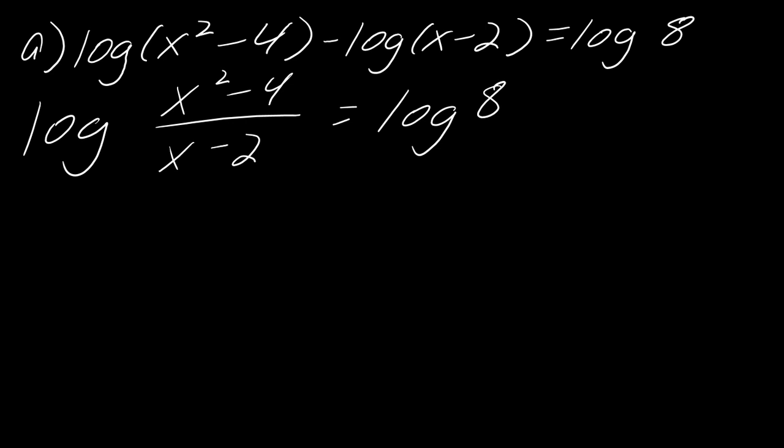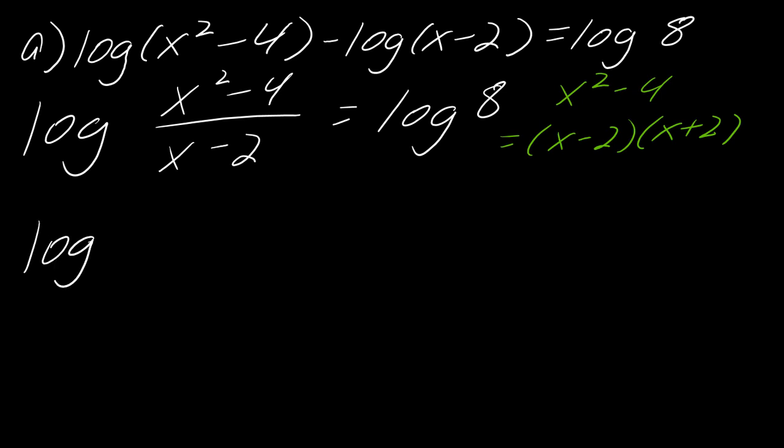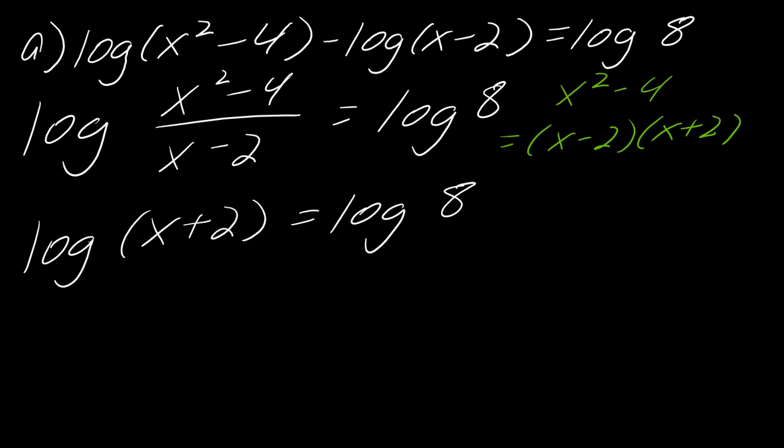And I know that x squared minus 4 equals x minus 2 and x plus 2. So I bring that up because I can cancel out the x minus 2's. So this will become just log of x plus 2 equals log of 8. Cool. So then I'm going to have x plus 2 equals 8, and then I get x equals 6.